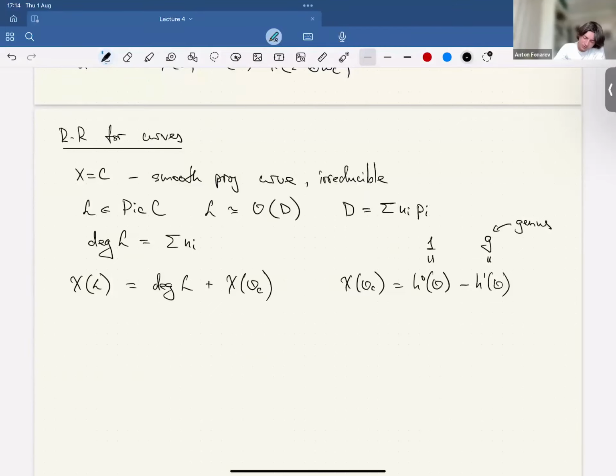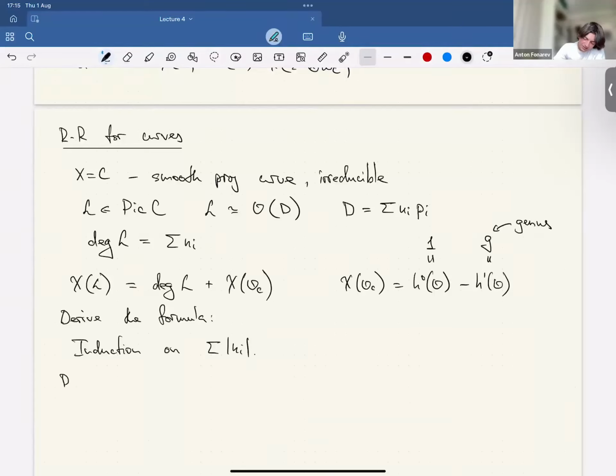So first of all, how can we derive this formula? Well, it's very easy to derive this formula. Namely, we can do it by induction on degree or some kind of part of the degree. So it's the induction on the sum of the moduli of Ni.